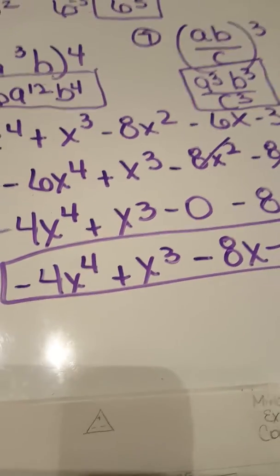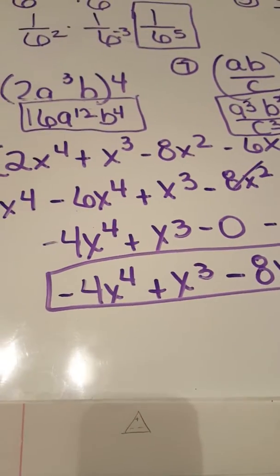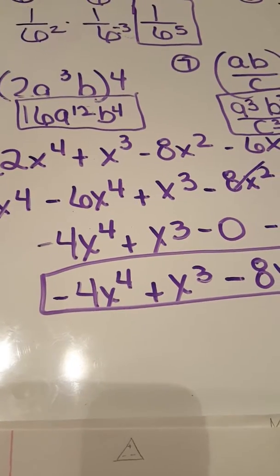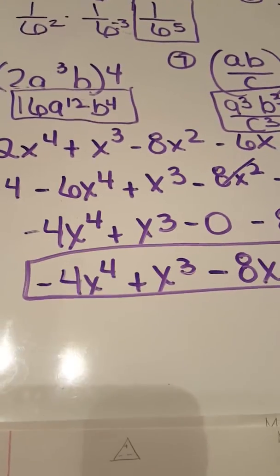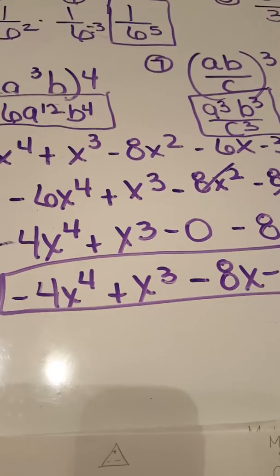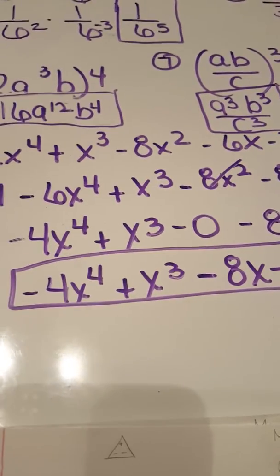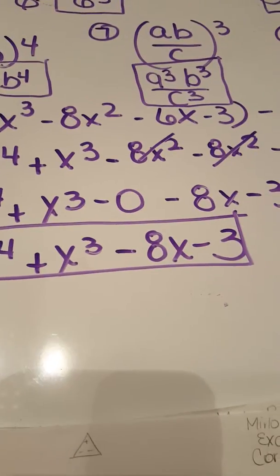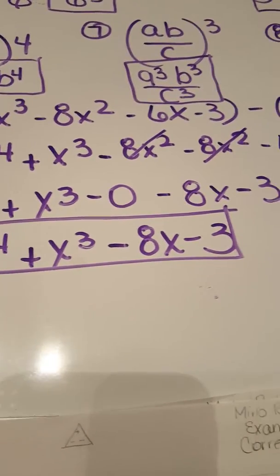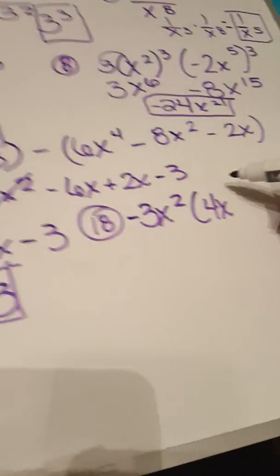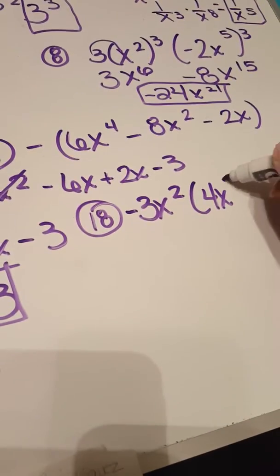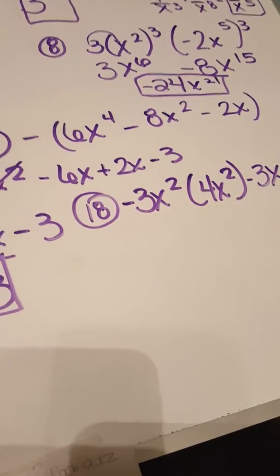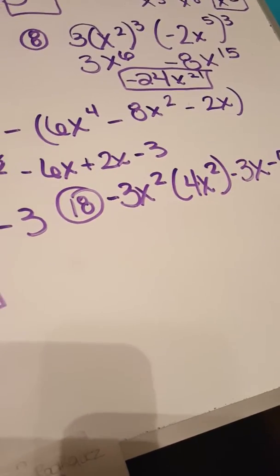Okay, and then my next one was, I'm going to try to put it here, 18. It was negative 3x squared, and then 4x, sorry, I'm writing it over here, 4x squared minus 3x negative 5.